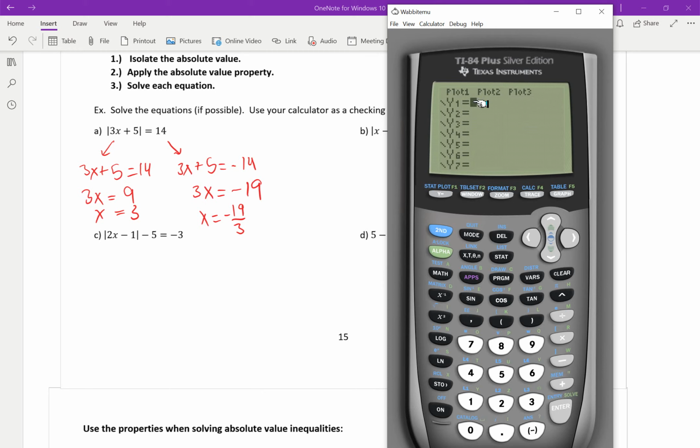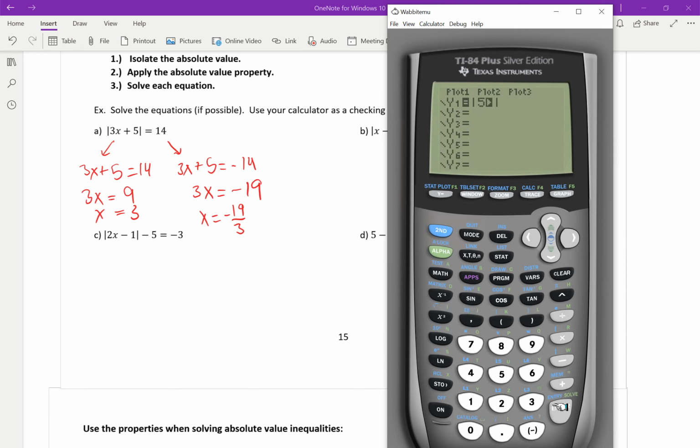To find the absolute value, I'm going to go to math. There's a button right there, math. I'm gonna go to number, and then I want abs, that's absolute value. So absolute value, 3x plus 5.